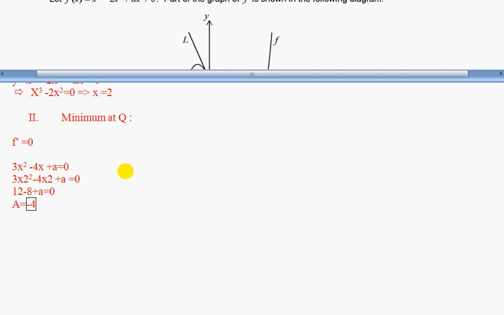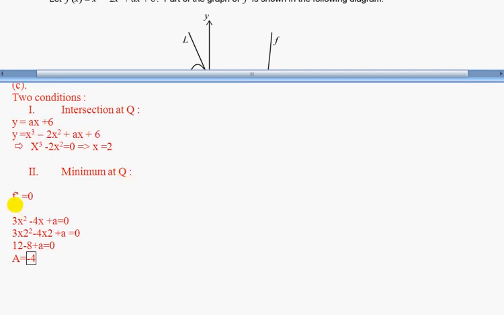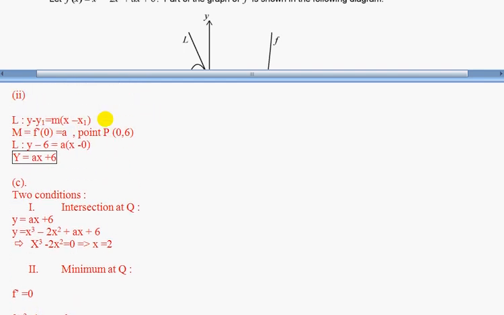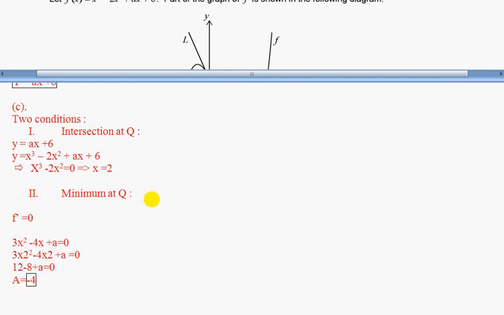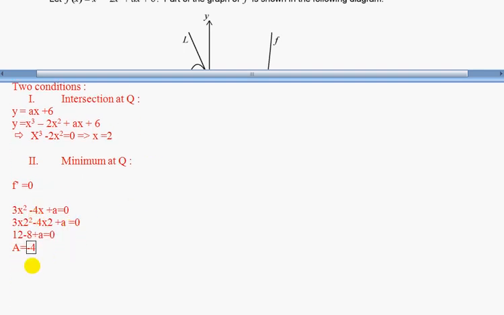Right, now minimum at Q means f prime, the derivative, equals 0. So the derivative equals 0 at this point. We already know the coordinate of this point, x equals 2, so we put it in and we get a equals minus 4.